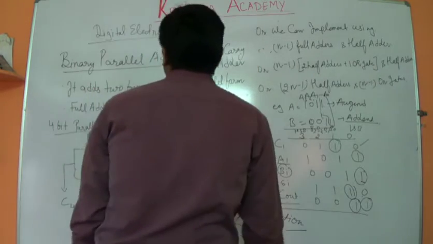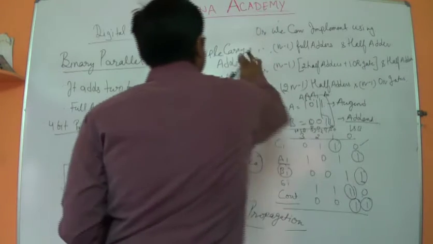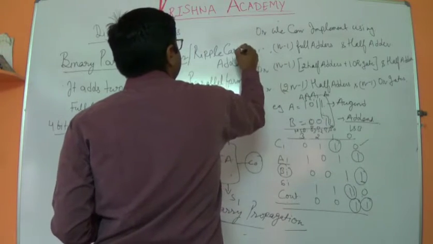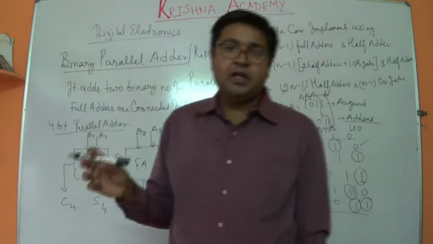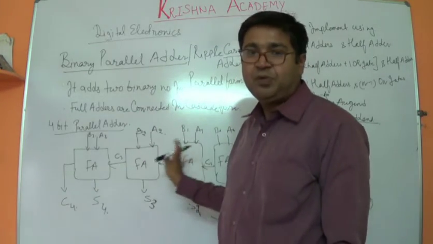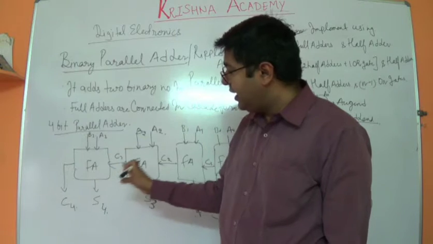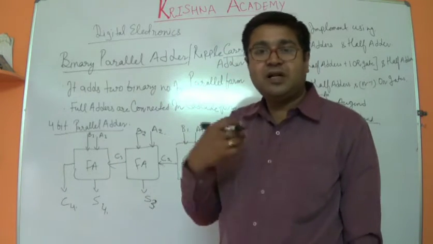Now, why is it called a ripple carry adder? Because there is always a propagation delay from one full adder to the next full adder. So this propagation delay will create a problem, and this problem can be rectified using another methodology.